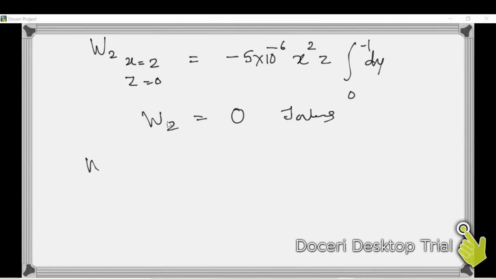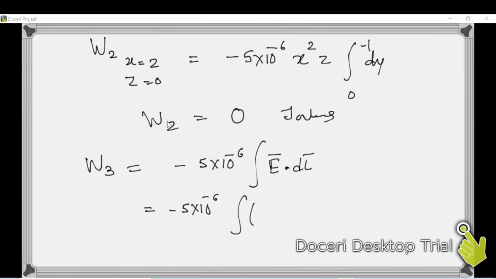Right. Then let us find out what is W3. W3 is equal to minus 5 microcoulomb integration of E bar dot dl bar, and for this path dl bar is dy ay cap. So minus 5 into 10 raised to minus 6 integration of 2xyz.